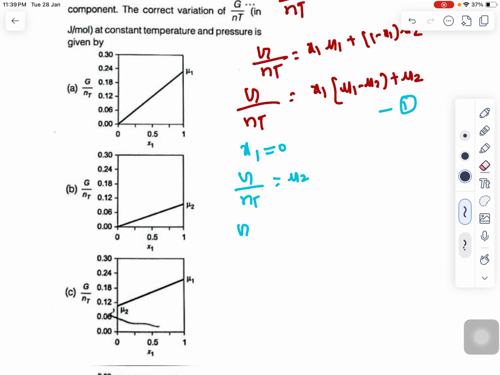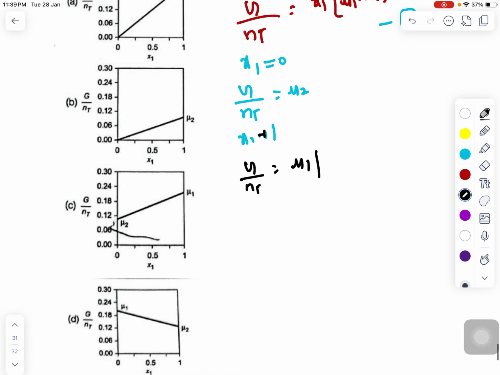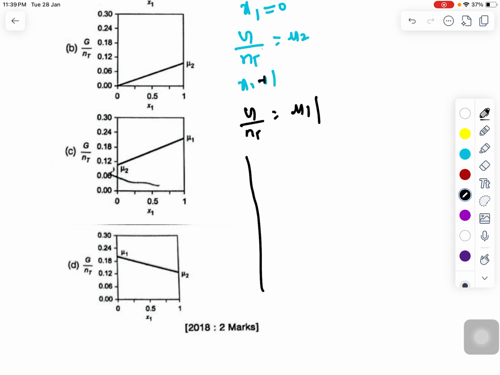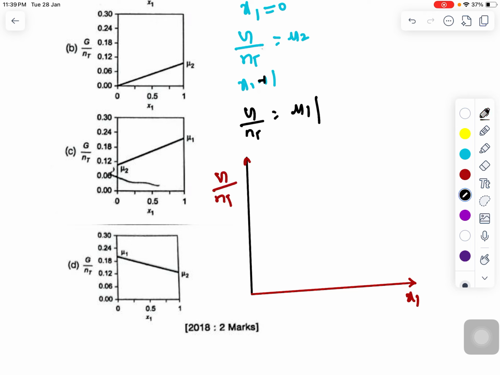And when x1 tends to 1, G divided by nT is equal to mu1. Is that clear? So if you plot this curve, it should look like this. If on the x-axis this is x1, and on the y-axis this is G by nT, it should go like that, a straight line, something like that.